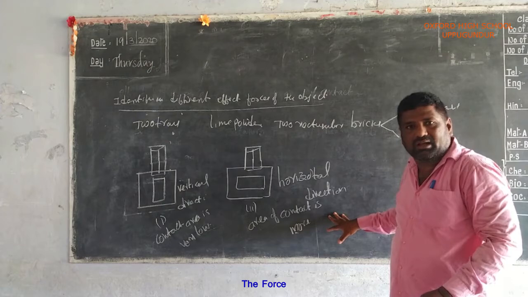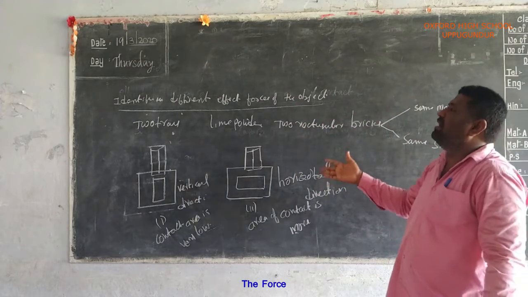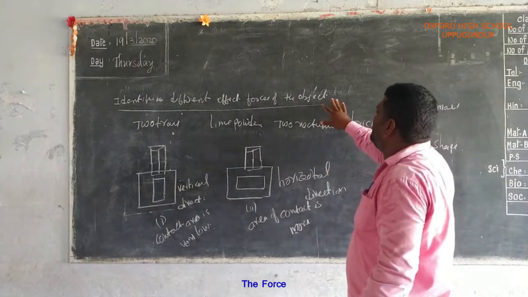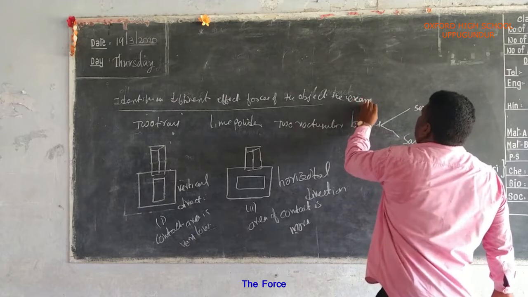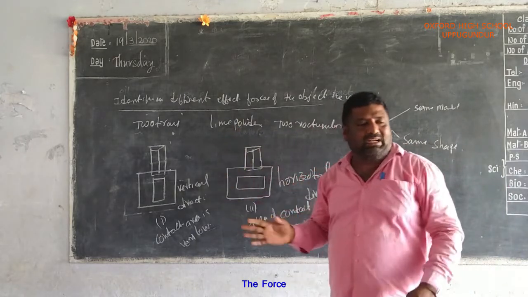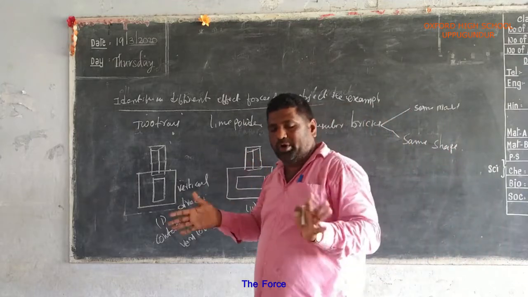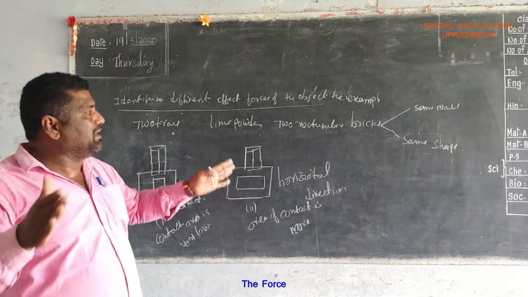Are you understanding, children? So today we are discussing how to identify the different effective forces of the objectives and their examples. First of all, I will take two trays. These two trays are completely filled with lime powder and water. And also I will take two rectangular bricks.